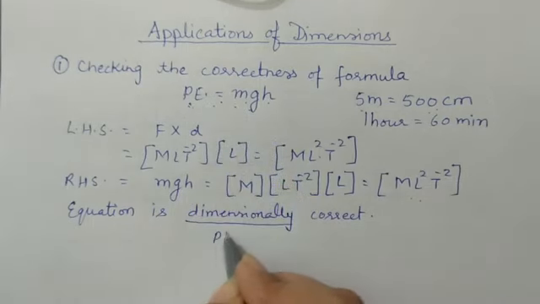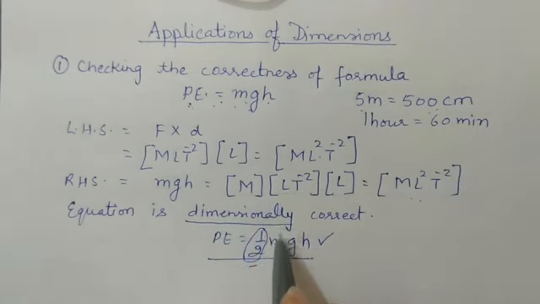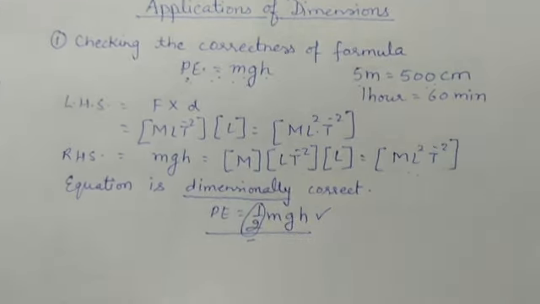If I write potential energy equals half mgh, this equation is also dimensionally correct, but actually this is not the right formula, because this constant half is actually not there in the formula. So we cannot check the value of a constant with this method. We can check only the dimensional correctness with this method.